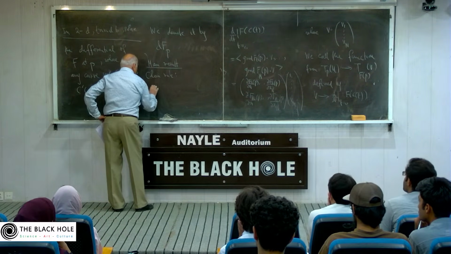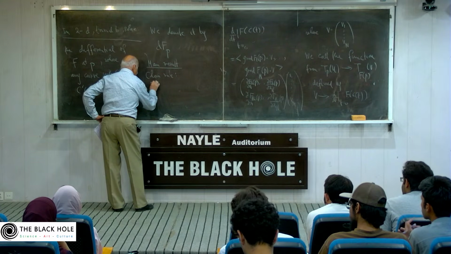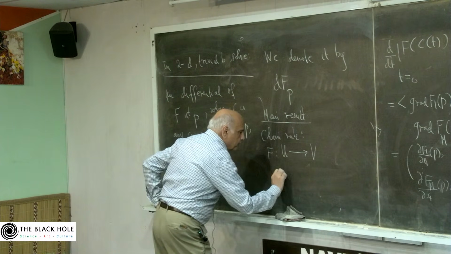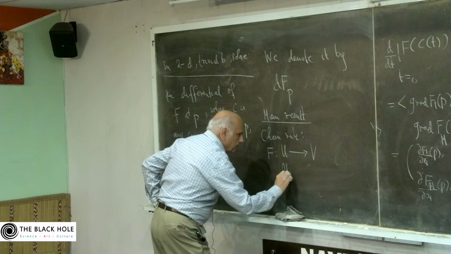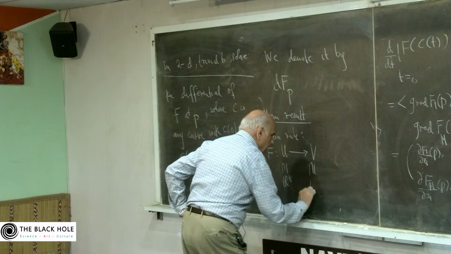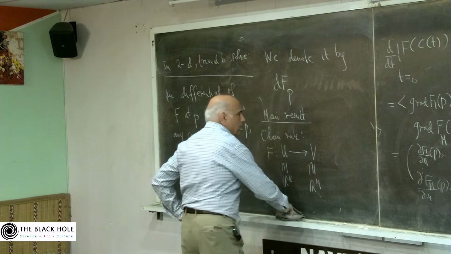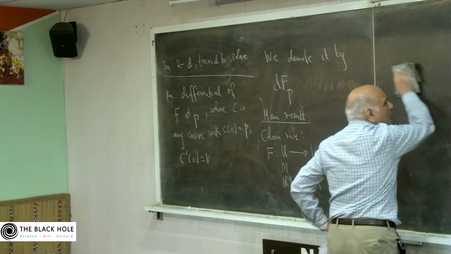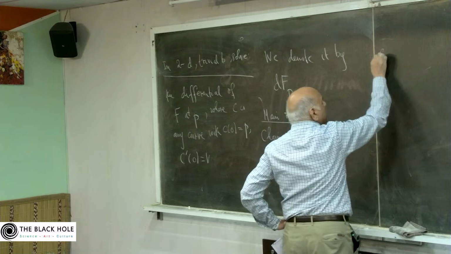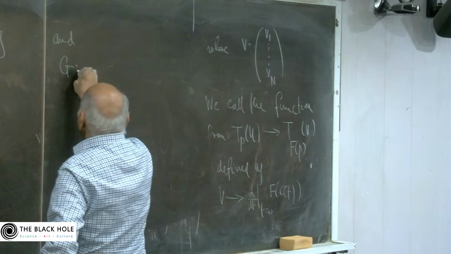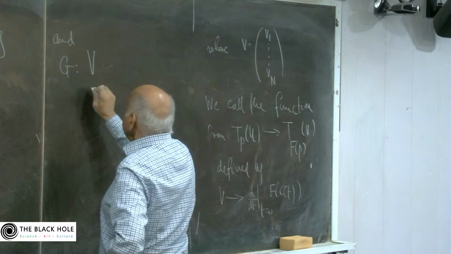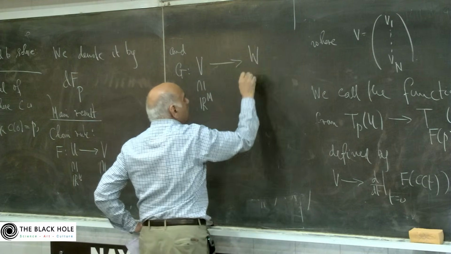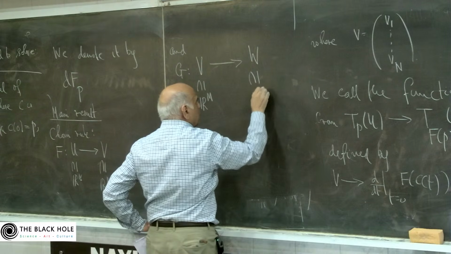So let f be a function from U to V. U is an open set in Rn and V is an open set in Rm, and G a function from V, which is open in Rm, to W, which is open in RL, okay?